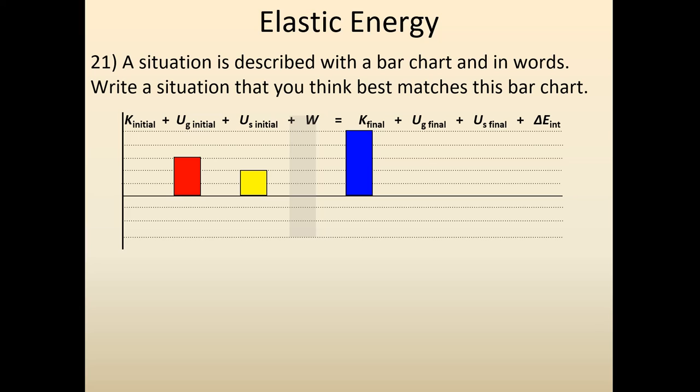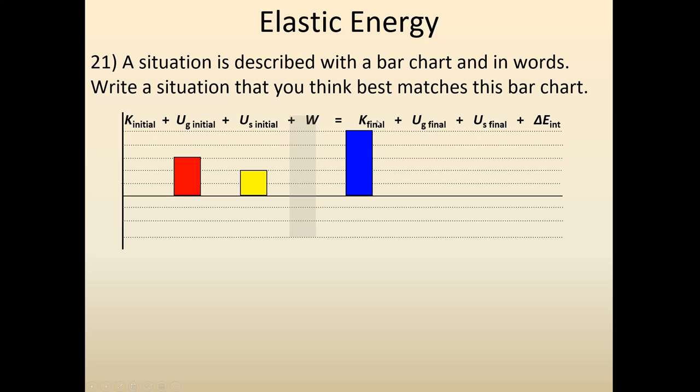All right. Now, if you look at this scenario, depending on what you wrote up, you can use this graph to get certain characteristics because there's a lot of scenarios that fit with this. So if I look at this, I start with some potential energy and some spring potential energy in the beginning. So I'm going to start at some height with either a stretched spring or a compressed spring.